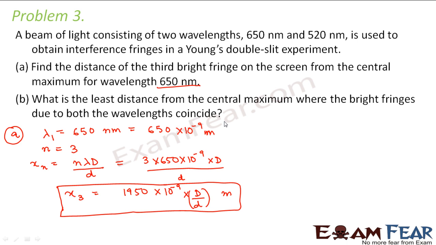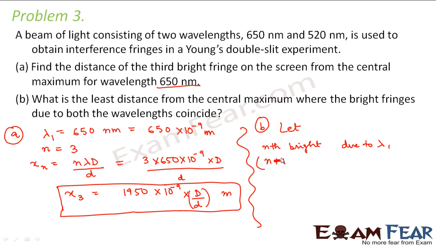Okay. So let us suppose that for the second part, let us assume that the nth bright fringe due to lambda 1 coincides with n minus 1th bright fringe due to lambda 2.